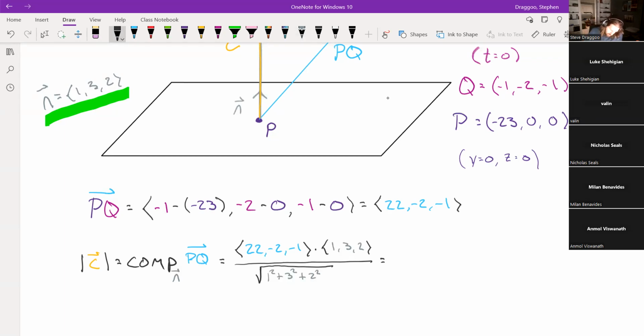This is across the top: 22 minus 6 minus 2 divided by the square root of 1 plus 9 plus 4. 1 and 9 is 10, plus 4 is 14. So this is equal to 14 divided by the square root of 14. And that's an easy enough simplification to square root 14.